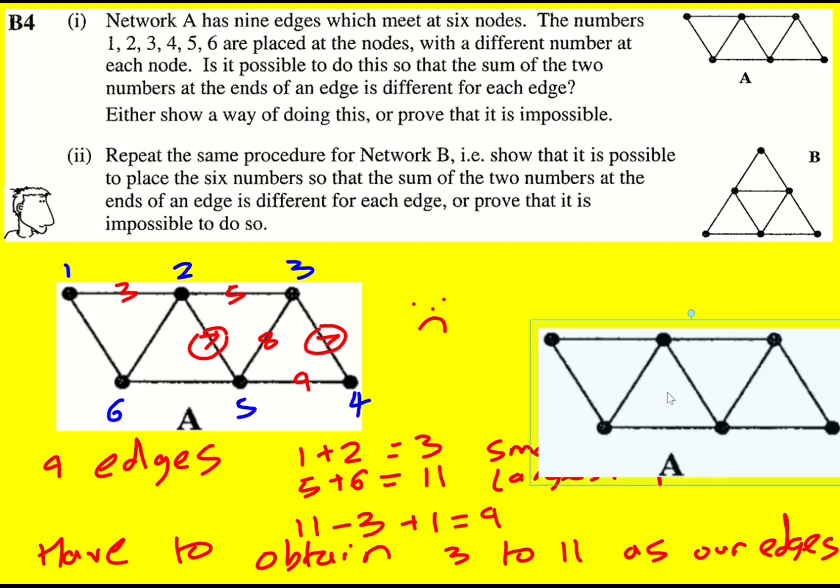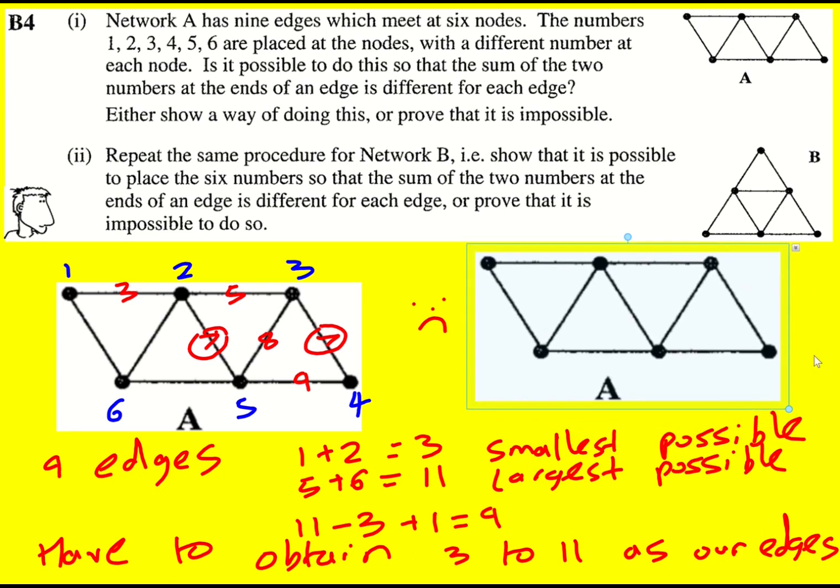Now, at this point, I decided to give it a go and see if I could get a possible answer, but just adjusting what I did at the start. So I went with 1 and 2. This time I decided to swap them around, so 5 and 6. So now this gives 6, 3, 7, 8, 11. All good so far.